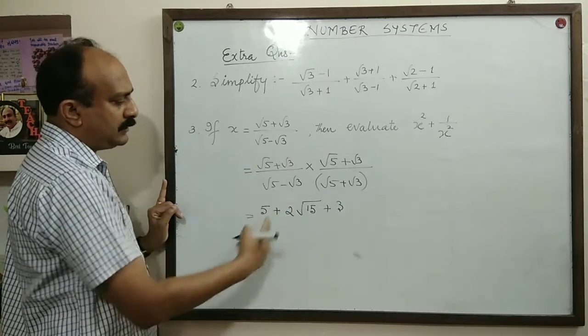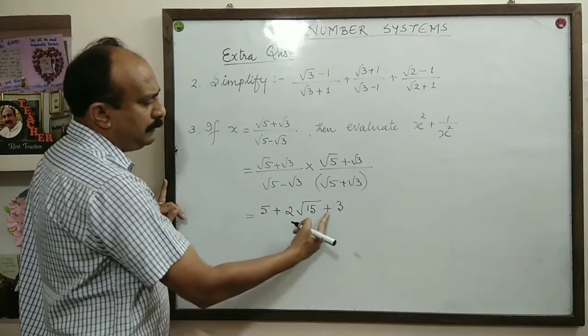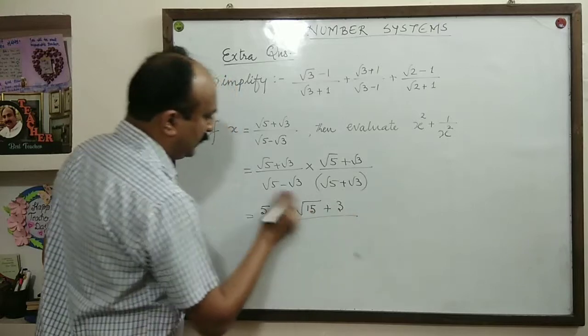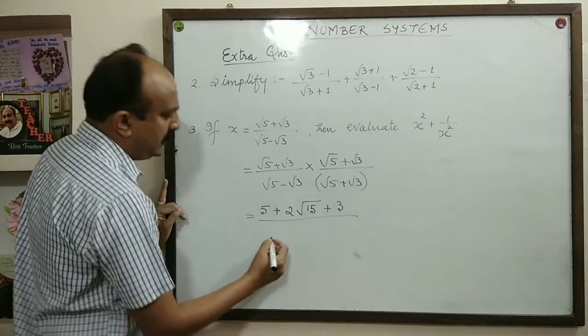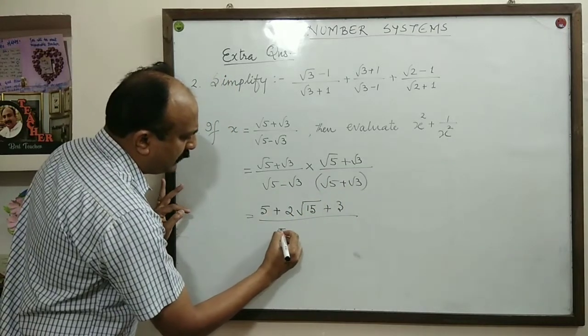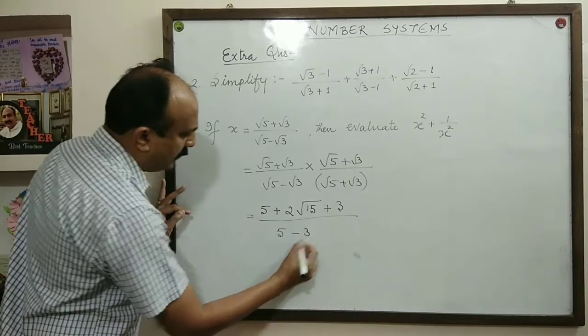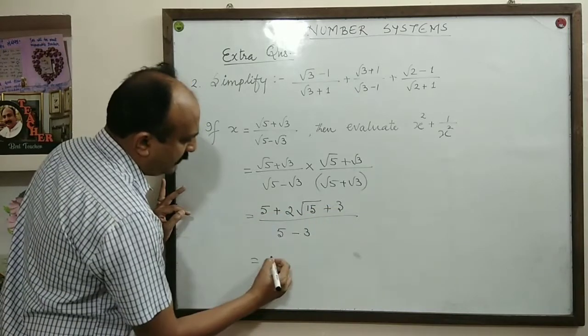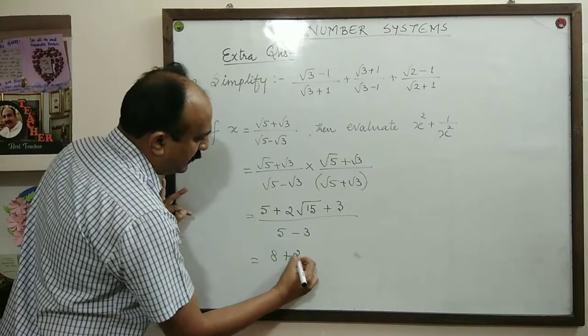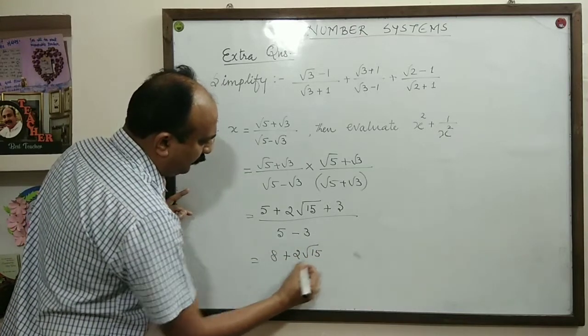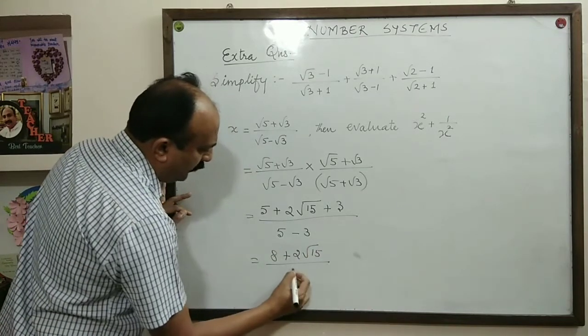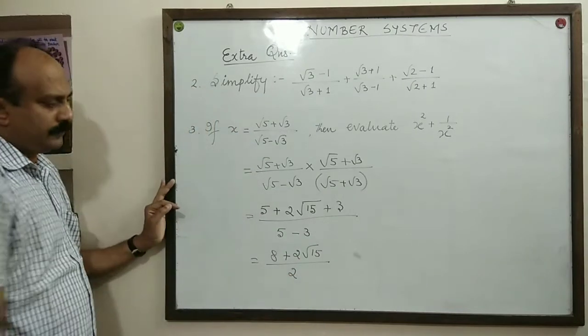A plus b the whole square, a square plus 2ab plus b square, upon a minus b into a plus b, a square minus b square, that is 5 minus 3. 5 plus 3, 8. 8 plus 2 root 15 upon 5 minus 3 is 2.